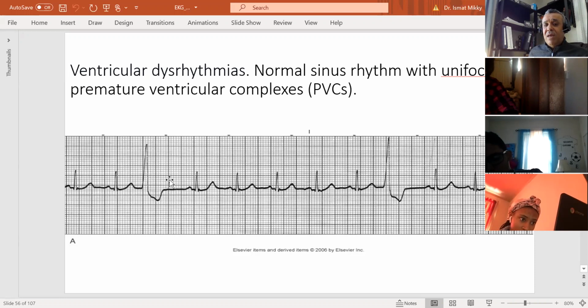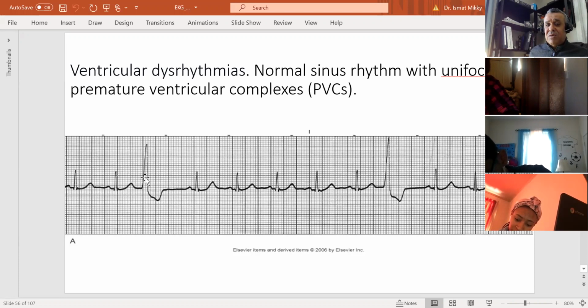And then we have a delay time. With the PAC and PVC, premature atrial or premature ventricular complex, after the abnormal or premature complex, you'll find a delay time.